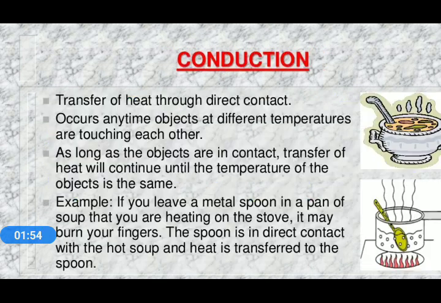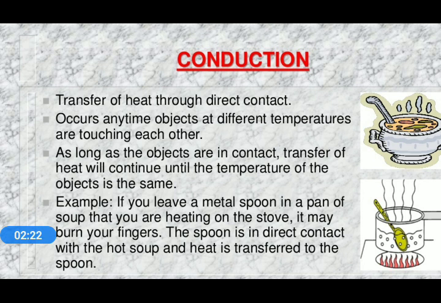Now the next is conduction. Transfer of heat through direct contact occurs anytime objects at different temperatures are touching each other. As long as the objects are in contact, transfer of heat will continue until the temperature of the objects is the same.